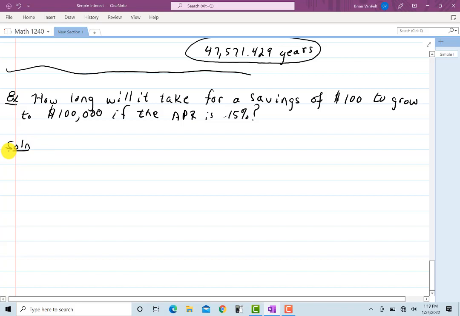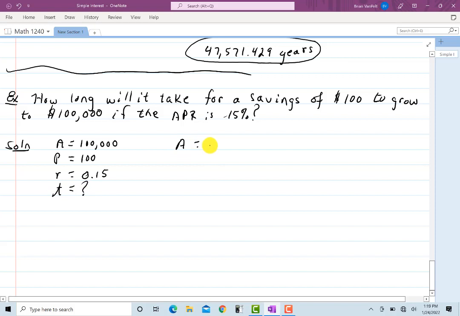So once again, I'm trying to find time. The amount I know to be 100,000. Principal I know to be 100. The rate is 0.15. And then time, that's what I'm trying to figure out.